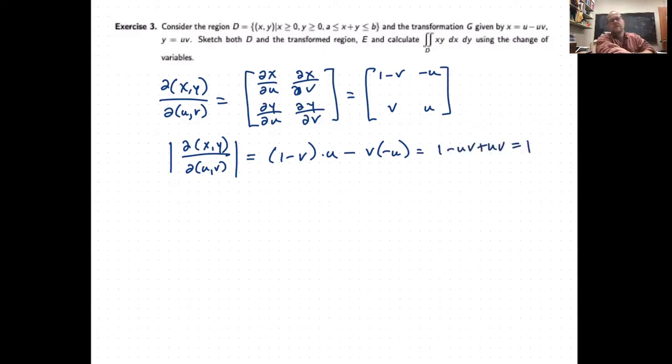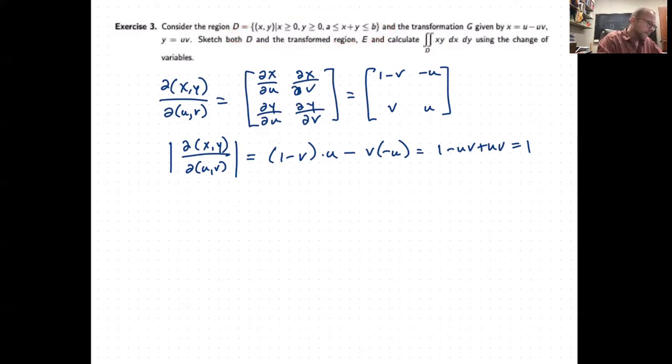Yay! I say yay because we turned out to get something that's very simple to work with. So when we do our integral there, we're going to insert something, but the something we insert is just a 1. No sweat, right?